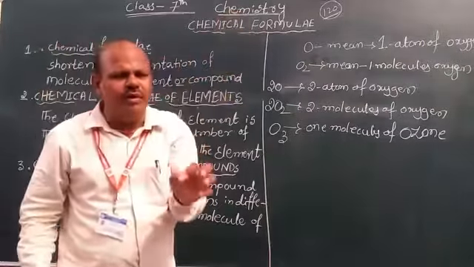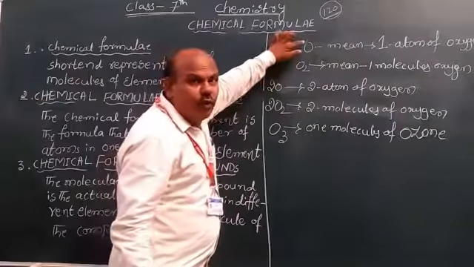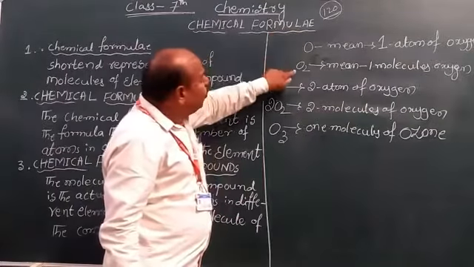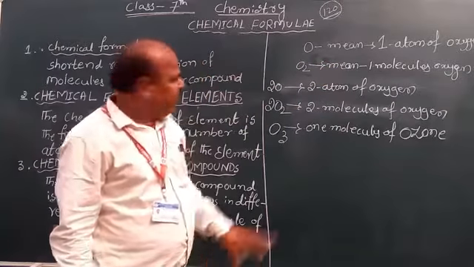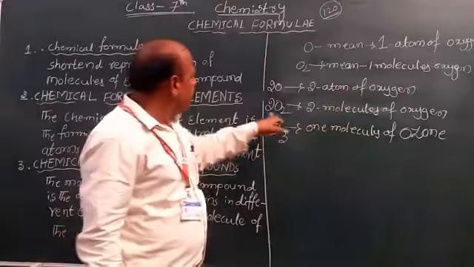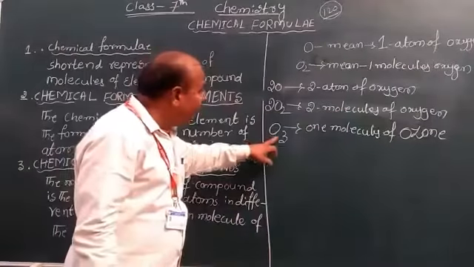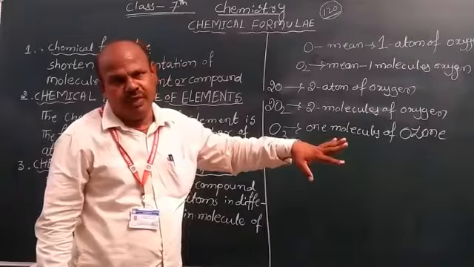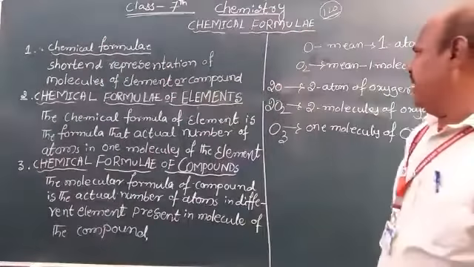In the formula you want to find how many atoms are present. Only one atom, here one molecule of oxygen, and here two atoms of oxygen. Here two molecules of oxygen, and only one molecule of ozone. Like this, the chemical formula of the element.